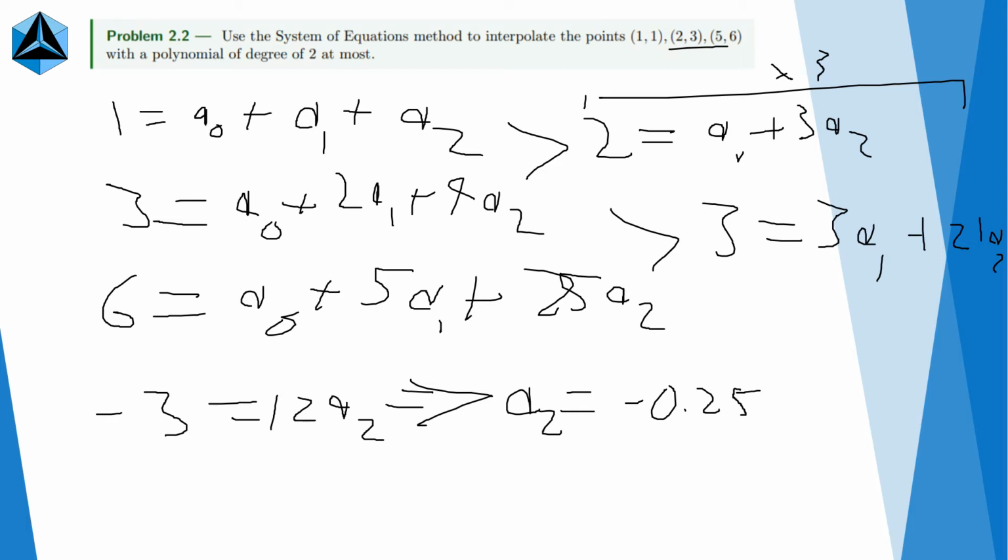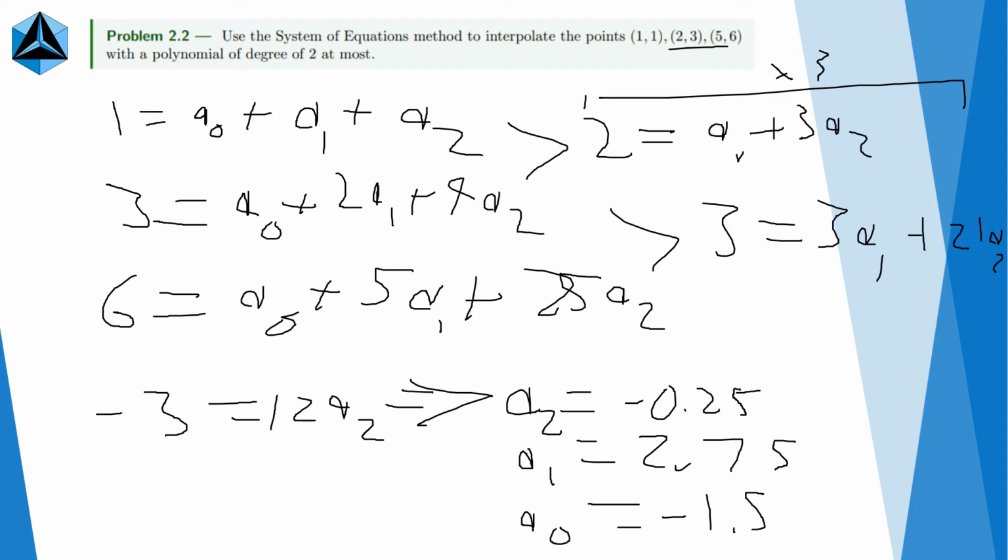And so I'm not going to spare you the details. The other a1 is equal to 2.75, and then a0 is equal to minus 1.5. You can find this pretty easily from the equations. I'm not going to show you how, but this is just what you learned in your algebra class, presumably.